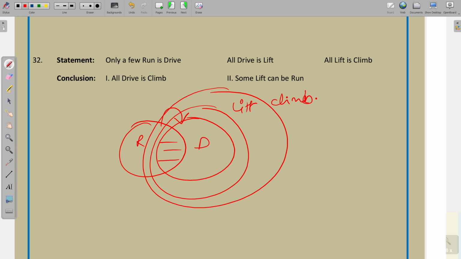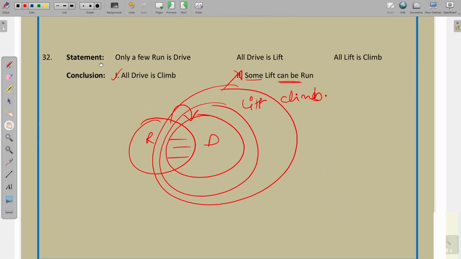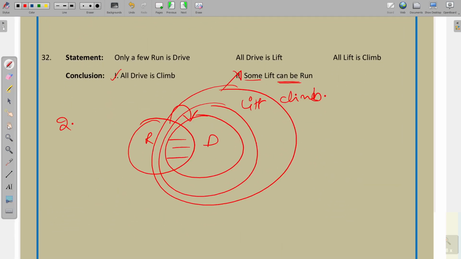So drive here and climb here, definitely one is correct. Some lift can be run. Lift here and run here. Already lift and run some అనేది definitely follow అవుతుంది కాబట్టి can be definitely does not follow. Okay, the second one does not follow, only one is correct. What is the option here? Option 2 is the answer, only one follows.